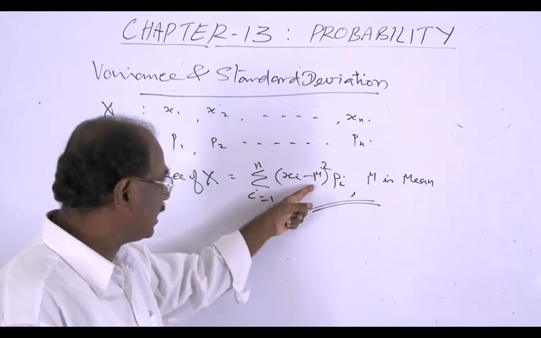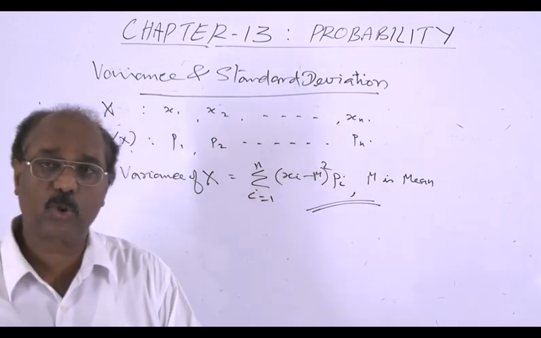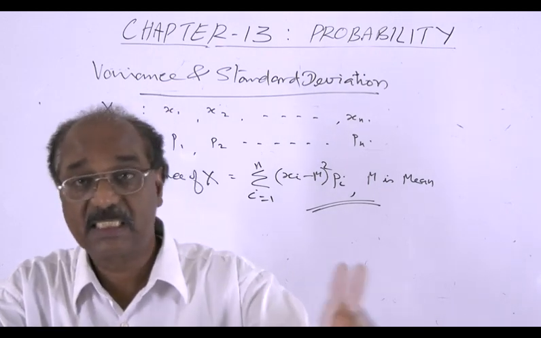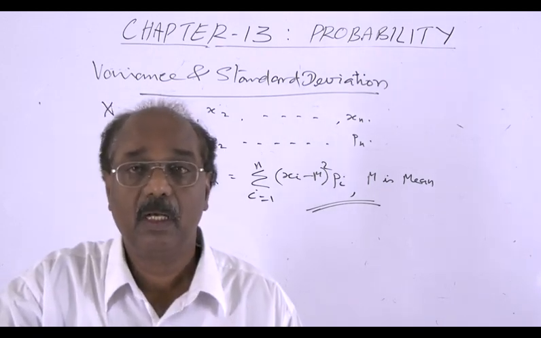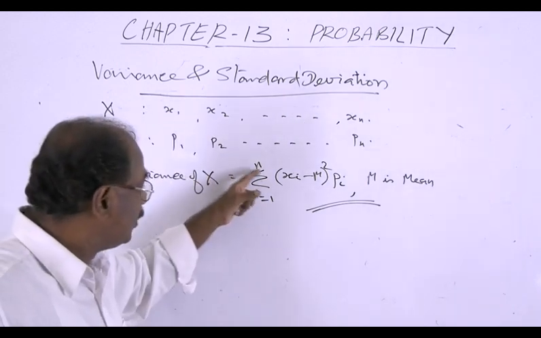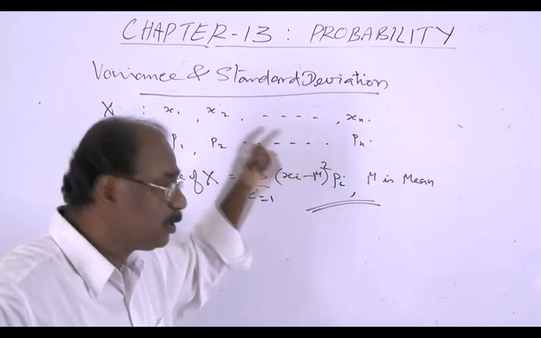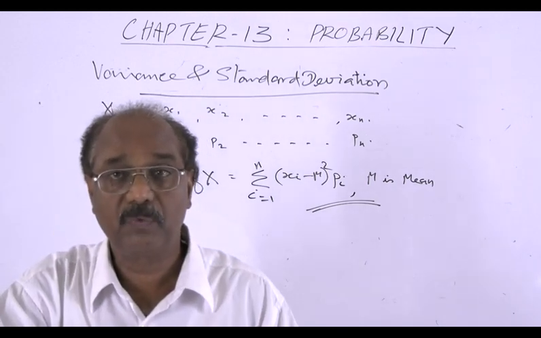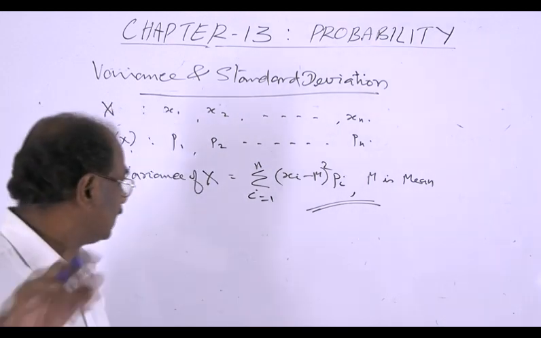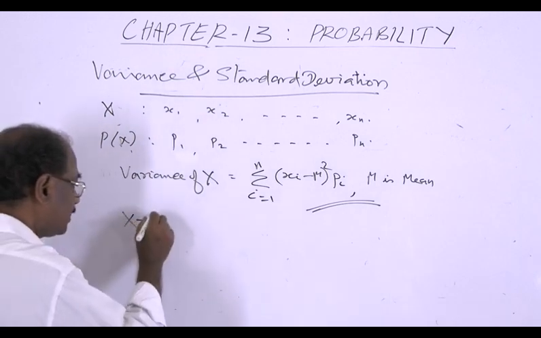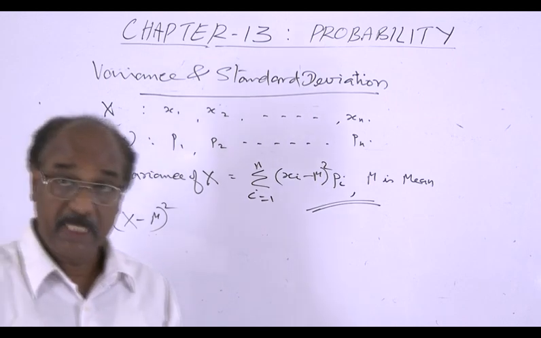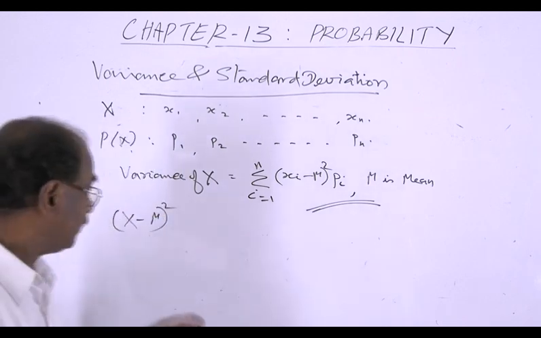And this (xi minus mu) whole square is the square of the variations. Variations means the deviations, the difference. And the sigma i from 1 to n (xi minus mu) whole squared into pi gives the expectation of (x minus mu) whole square, the mean of the square of the variations.